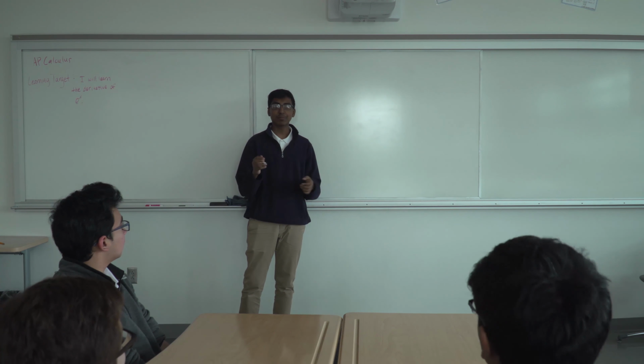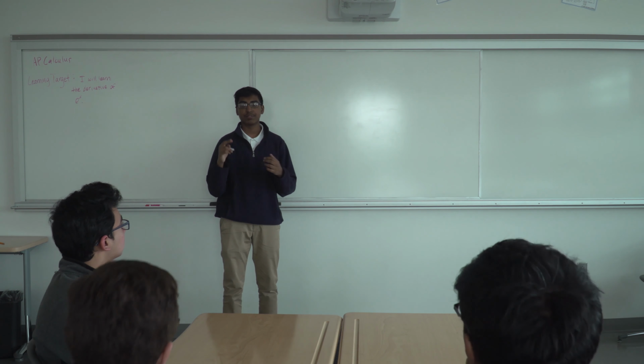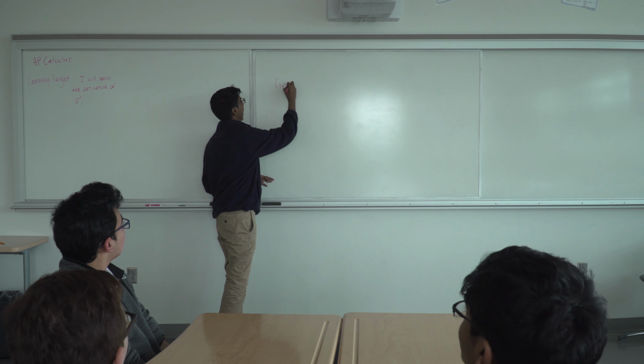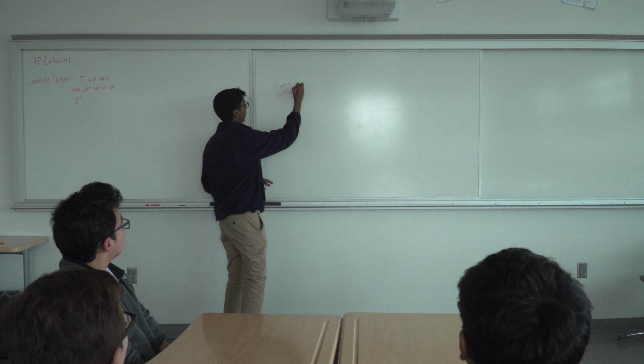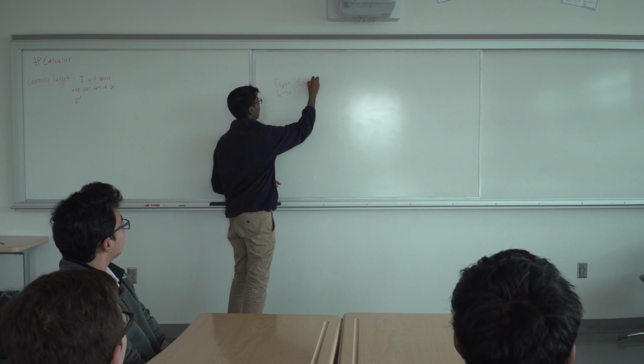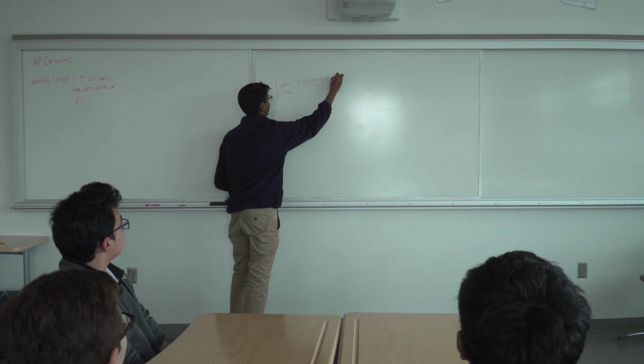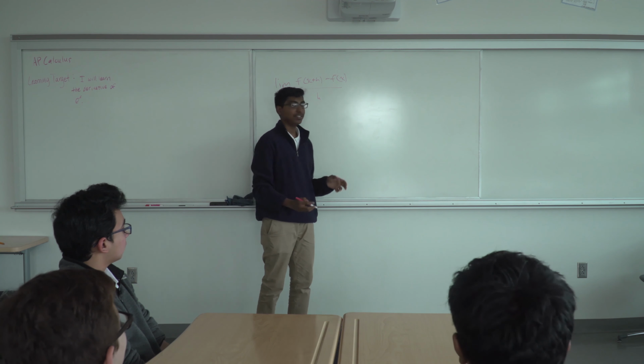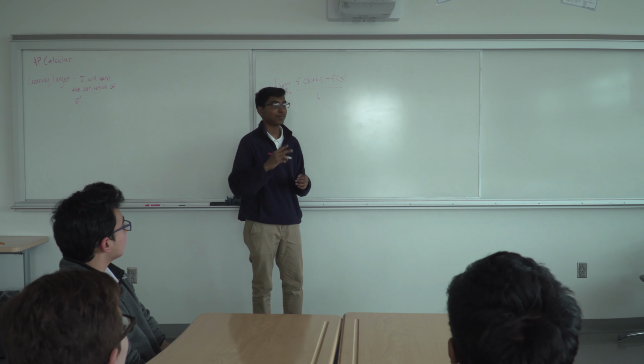Alright class, so the first thing we're going to do is list out the definition of a derivative in limit notation. So this is known as the limit as h approaches 0 of f of x plus h minus f of x over h. In this case, the function is e to the x, because that's what we're taking the derivative of.